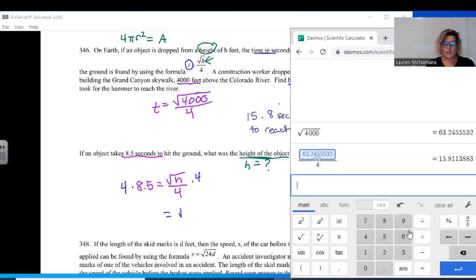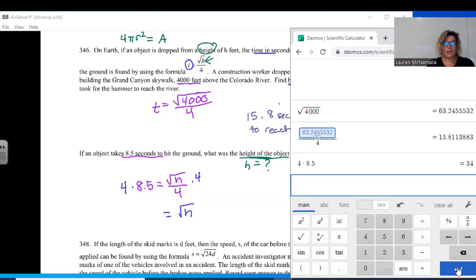So now I have the square root of h is equal to 4 times 8.5, and I get 34. But I still have to solve for h. Right now I have the square root of h is equal to 34. So I want to unsquare my h. So what do I have to do to both sides? Square it.